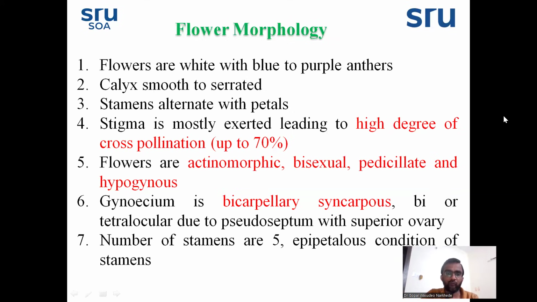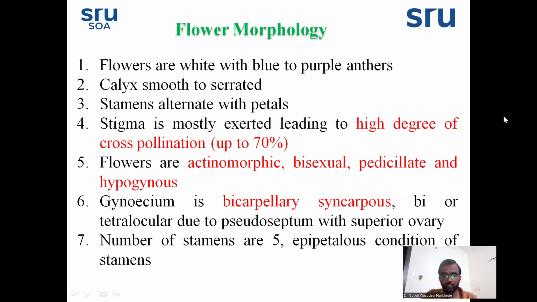Actinomorphic flower means you can divide that flower into two equal parts in any plane, that means vertical, horizontal, or diagonal cuts. If that cut passes through the central axis, you can divide that flower into two equal parts. That flower is called an actinomorphic flower.